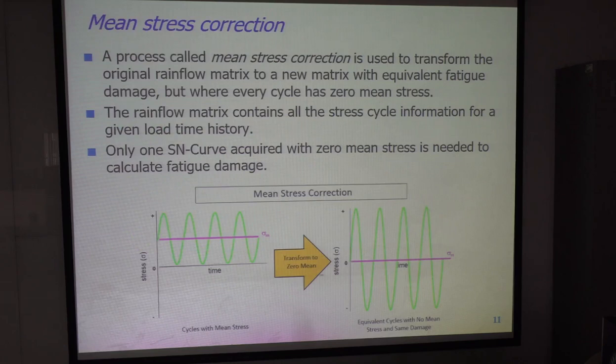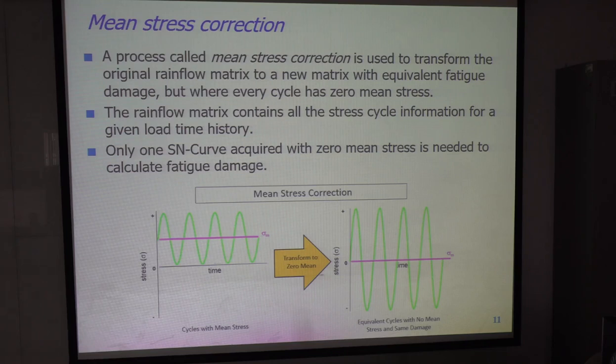These two cases, the case on the left and the case on the right, in terms of SN fatigue data, they are equivalent. If you have some positive mean stress, you can convert the case with positive mean stress to the case with 0 mean stress.